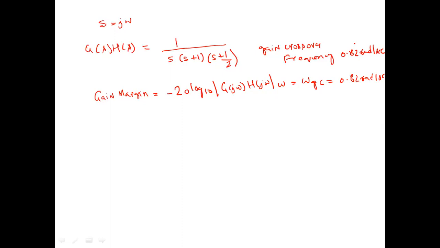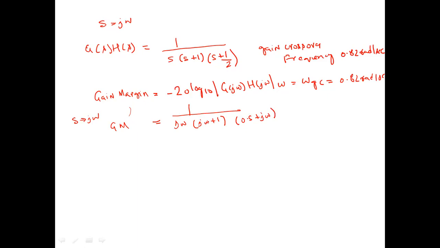Here I can express this term, for gain margin, as 1 by j omega, where s is replaced by j omega, times j omega plus 1, times 0.5 plus j omega.